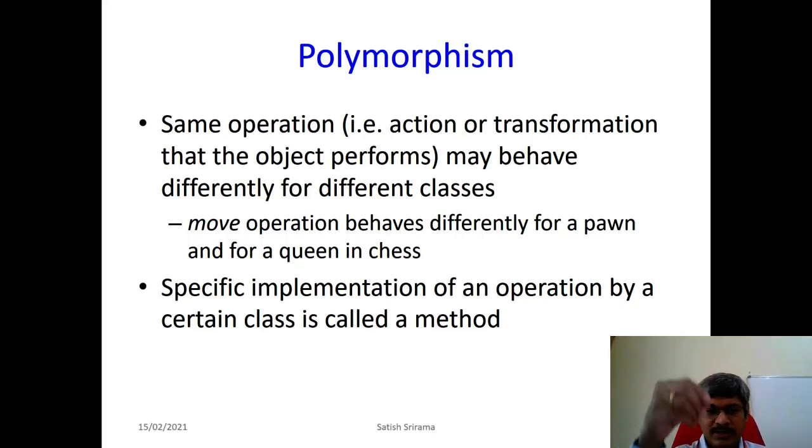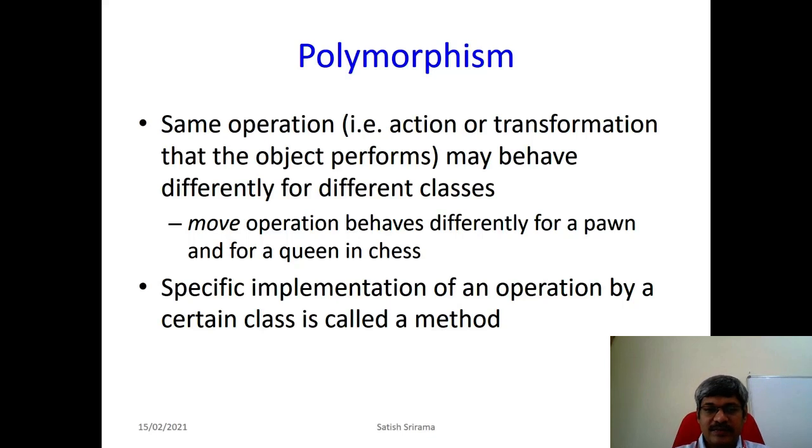A pawn extends it, and the queen also extends this chess piece, which is the basic class. The way a pawn moves and a queen moves will be different. So the method or operation which the pawn class implements for move will be different from the way the queen class implements it. That is polymorphism.